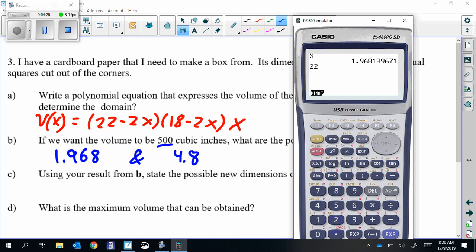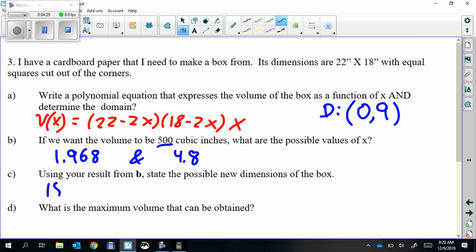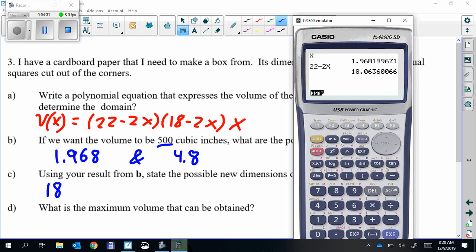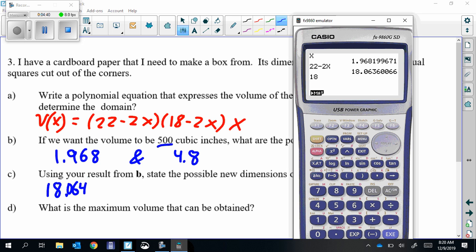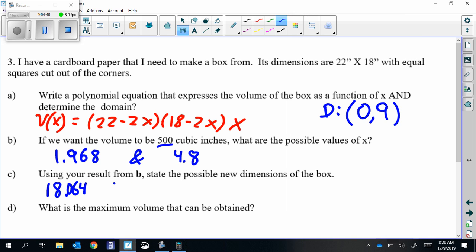So 22 minus 2x is 18.064. 18 minus 2x is 14.064. And then our x value right there was the 1.968. That's one of them.